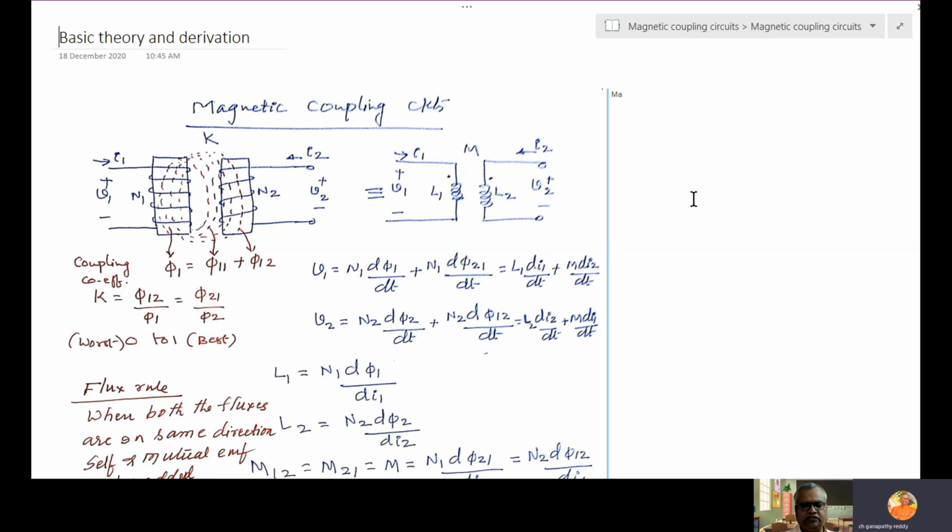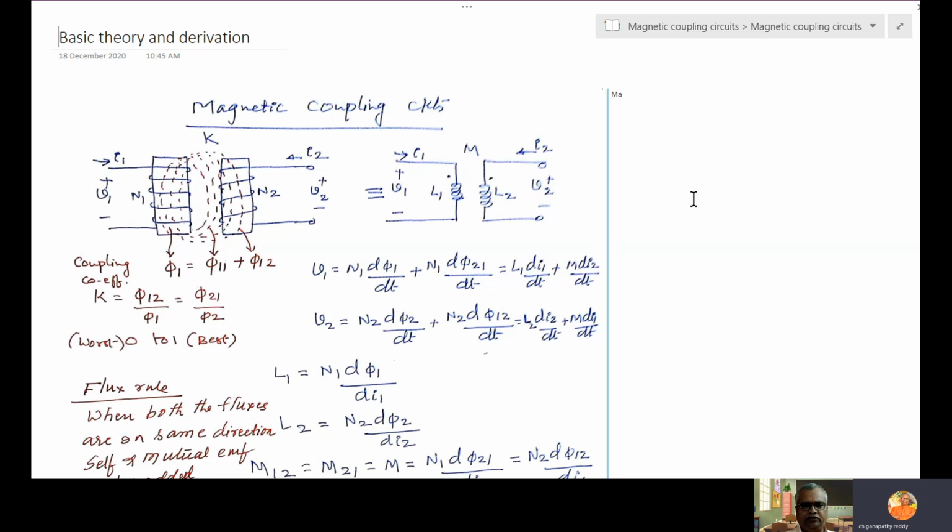Whenever a conductor cuts stationary magnetic flux, or varying flux cuts a stationary conductor, an EMF is induced in the conductor. The second one is that the quantity of EMF depends on the rate of change of flux linkage, that is E equal to N d phi by dt.